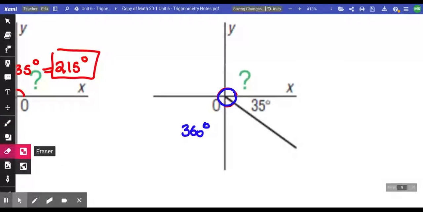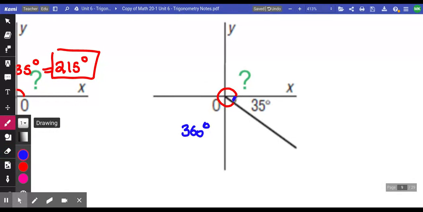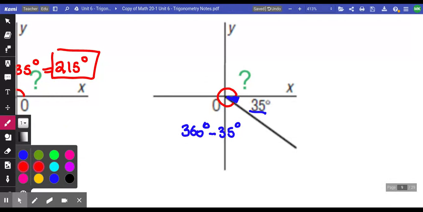But we didn't do a full circle. We did a full circle minus this part right here, and that angle was 35 degrees. So I need to go 360 degrees minus 35 degrees, and that tells me that my standard position angle for that question is 325 degrees.